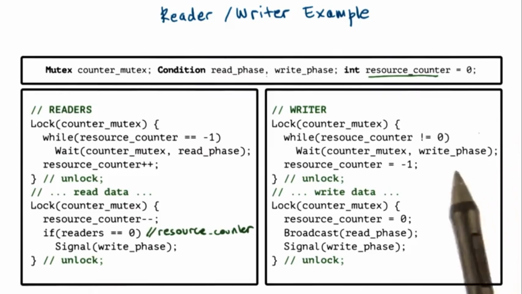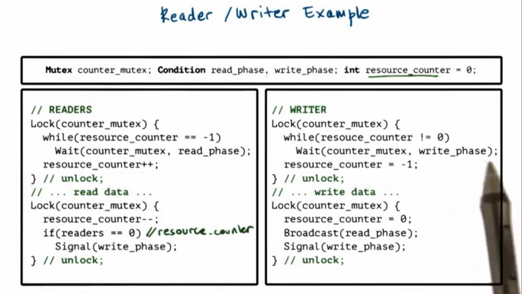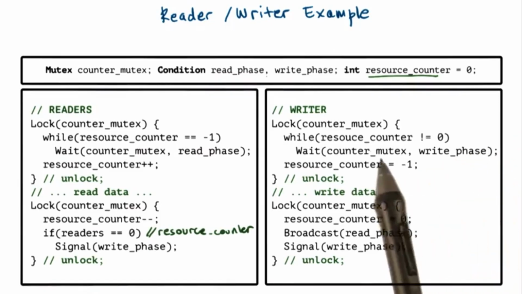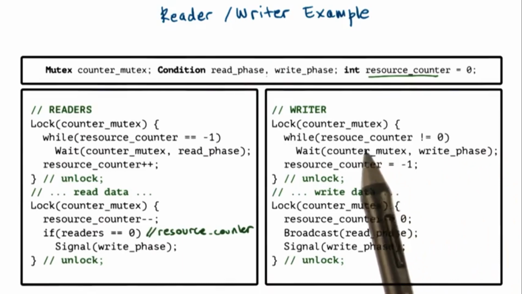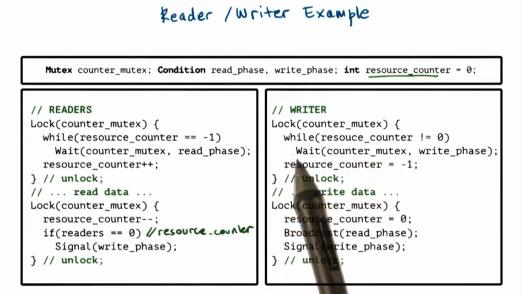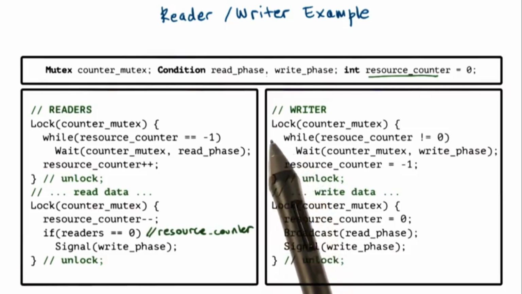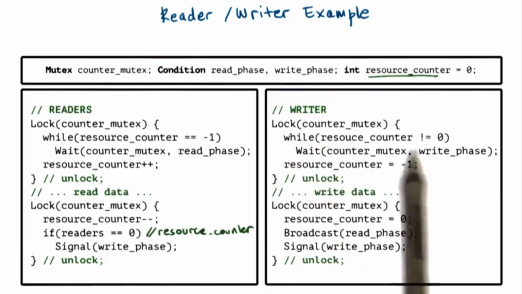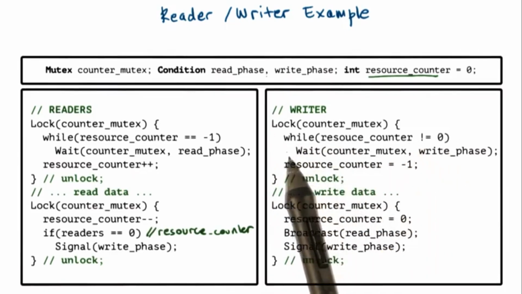What will happen internally, that writer will be removed from the wait queue that's associated with the write phase condition variable, and the counter mutex will be reacquired before we come out of the wait operation. Now, as we explained earlier, the very first thing that we have to do is check the statement resource counter one more time. So we go out of the wait statement, but we're still in the while loop.